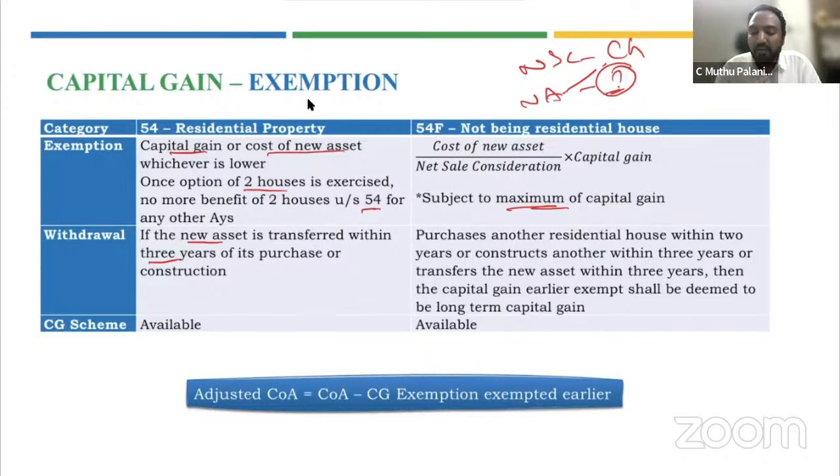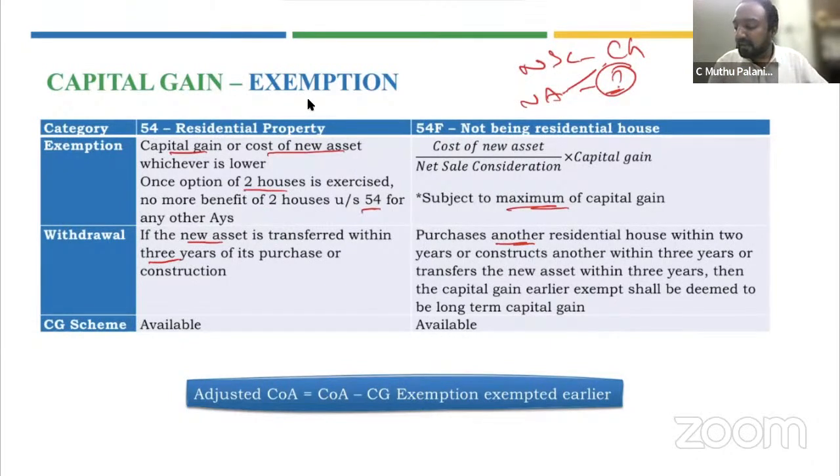But in case of 54F, not only if the new asset is sold within 3 years, but also if I have purchased another house, I will not satisfy the condition of not more than one house at the time of transfer. So during the entire tenure of the first 3 years, I should own only one house other than this new house.